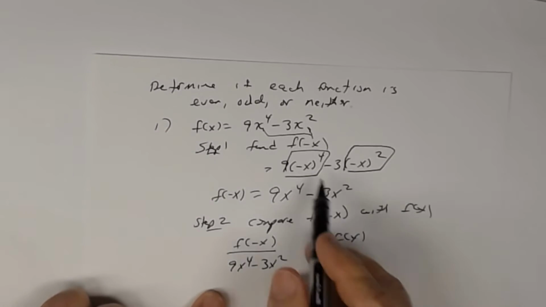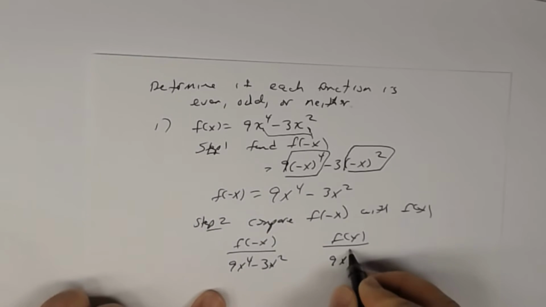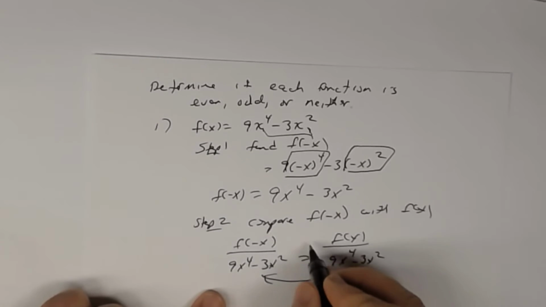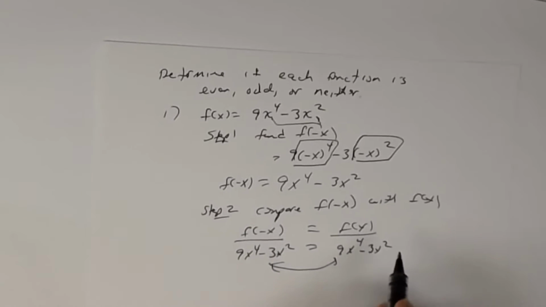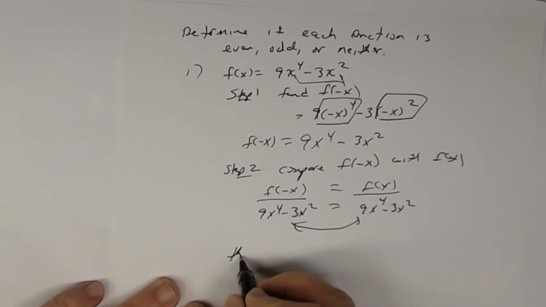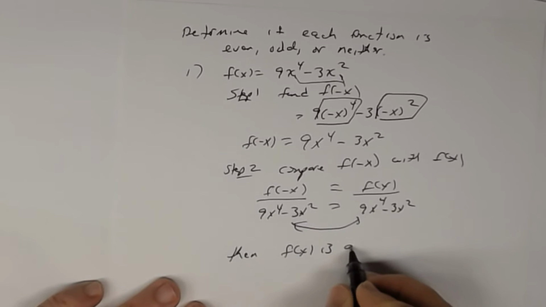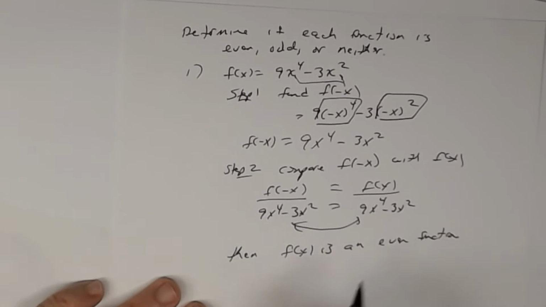F of x is this original: 9x to the fourth minus 3x squared. What do you notice about them? They are equal. So if f of negative x equals f of x, then you say f of x is an even function.